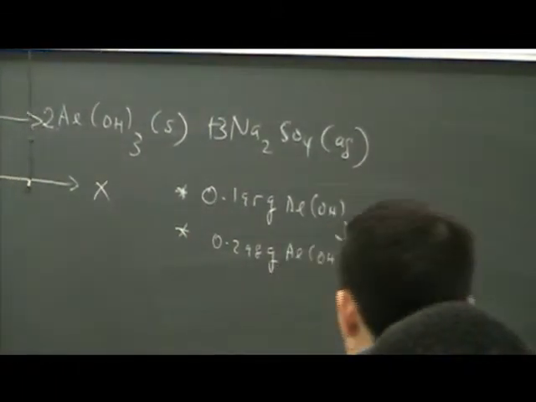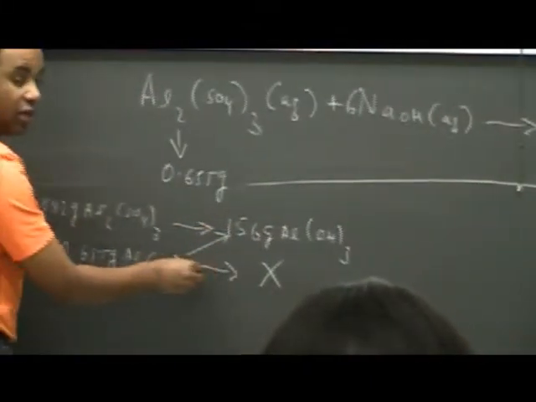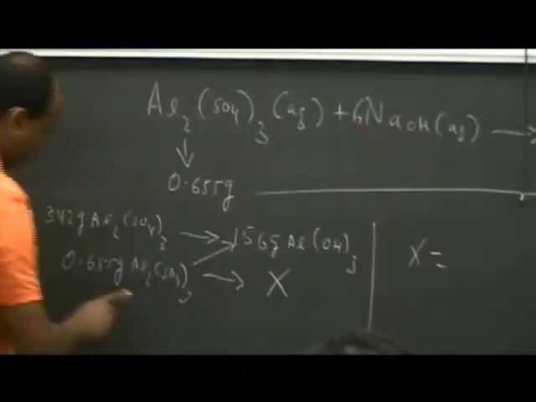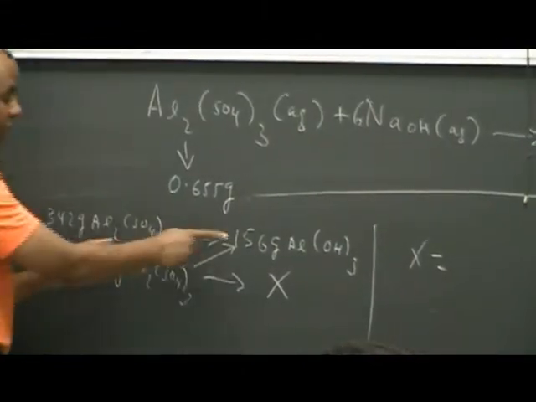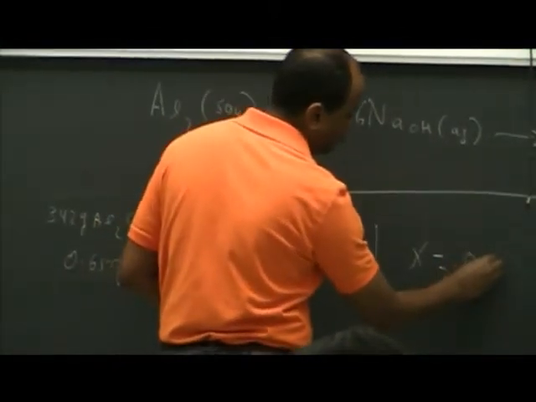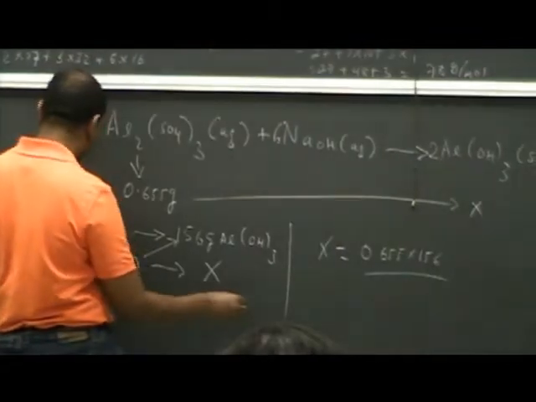The way we solve the problem is we use a criss-cross method, right? X equals what? You multiply 0.655 by 156, then divide by 342.